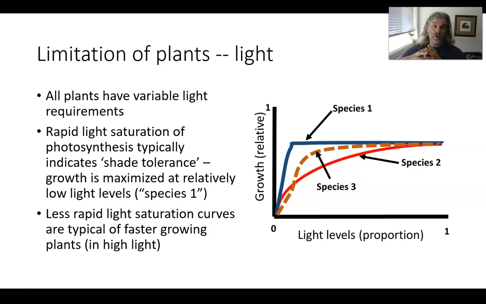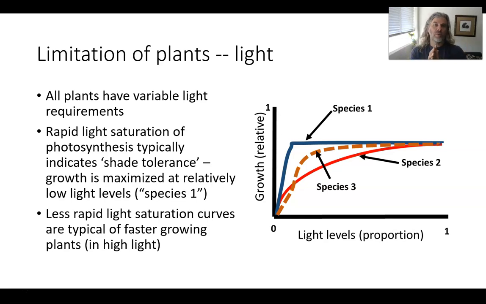The second species here, because it takes a long time for it to maximize its photosynthetic capacity, in fact, its relative growth is much lower than the other 2 species at the lower end of the light saturation curves.